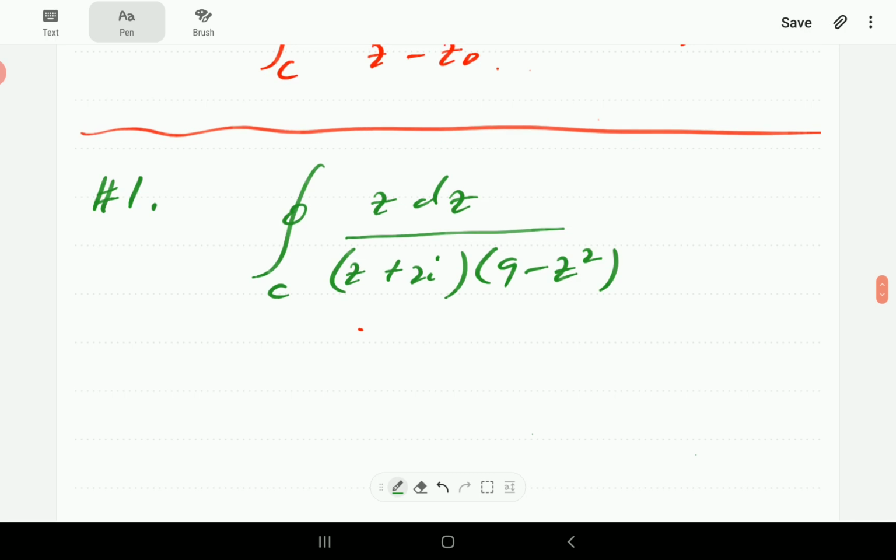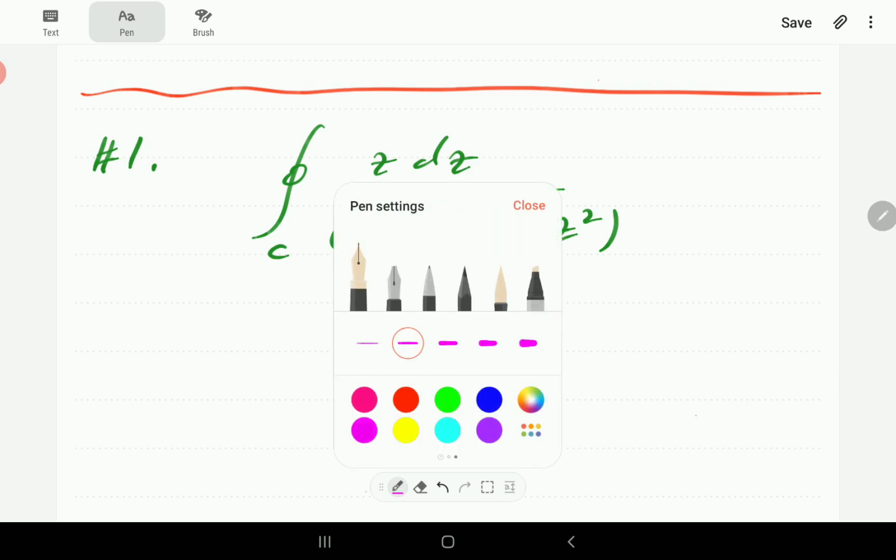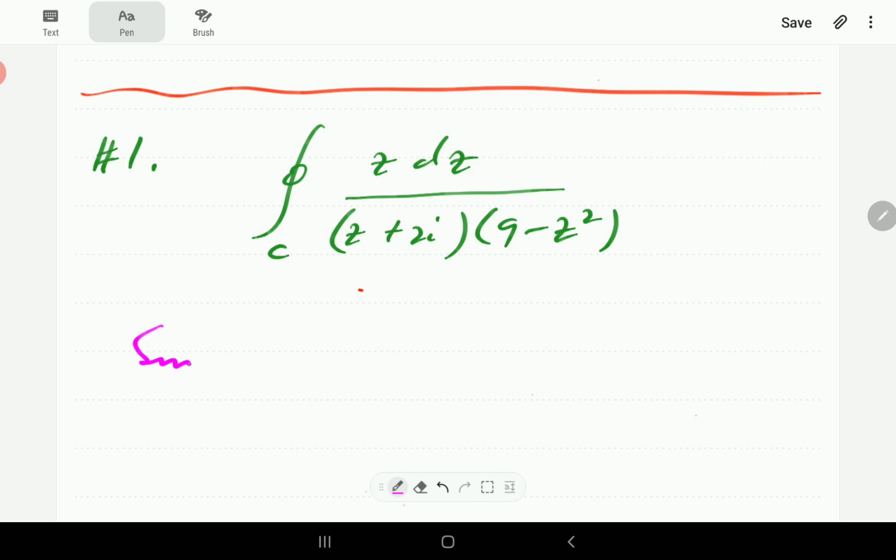The first thing that we always want to do is to find the singularities of the integrand that we have. The singularities will be the points where the denominator of the integrand is equal to 0. For this function, this one is going to be 0 when z is minus 2i, and then this one is going to be 0 when z is plus or minus 3.